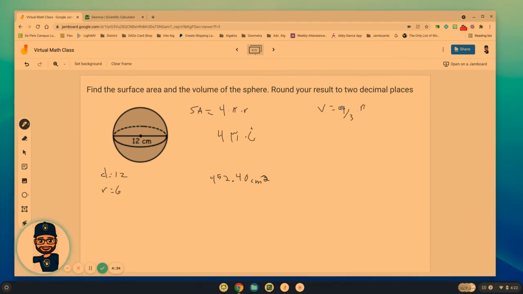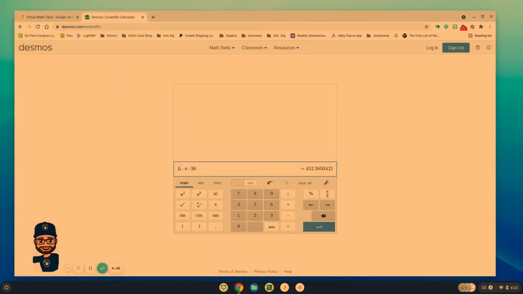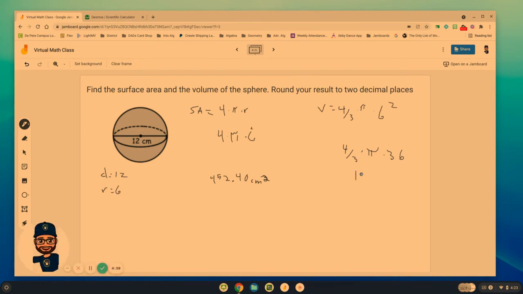So volume then is 4/3 times pi times 6 cubed, or 4/3 times pi times 216. 904.78 cubic centimeters.